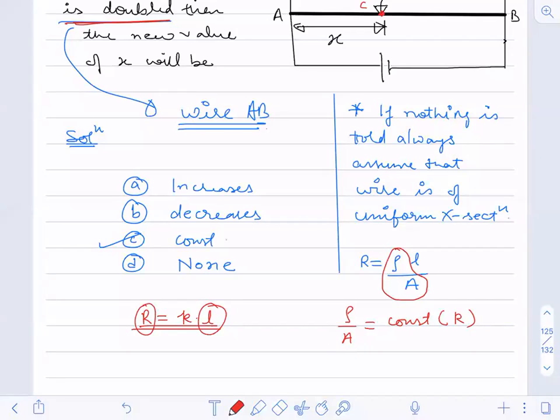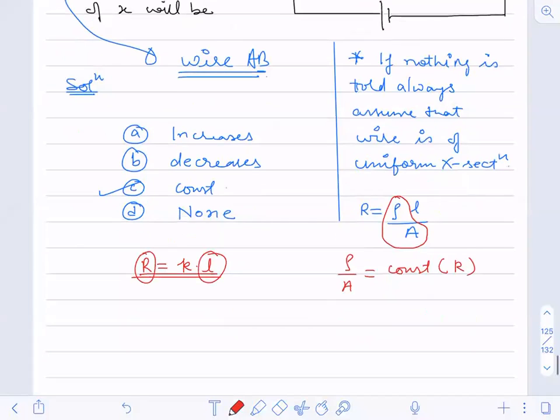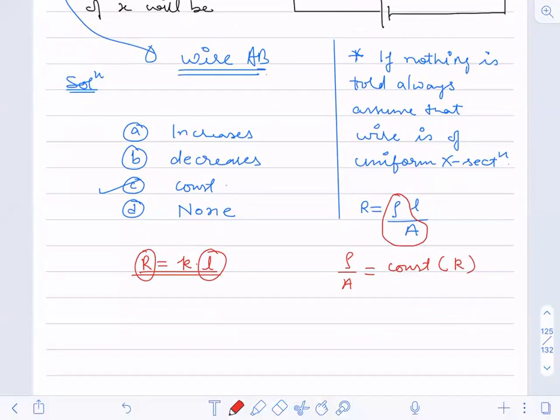So it would remain the same. Balancing length is independent of the radius of wire. So I can say that the value of X is independent of radius of wire.